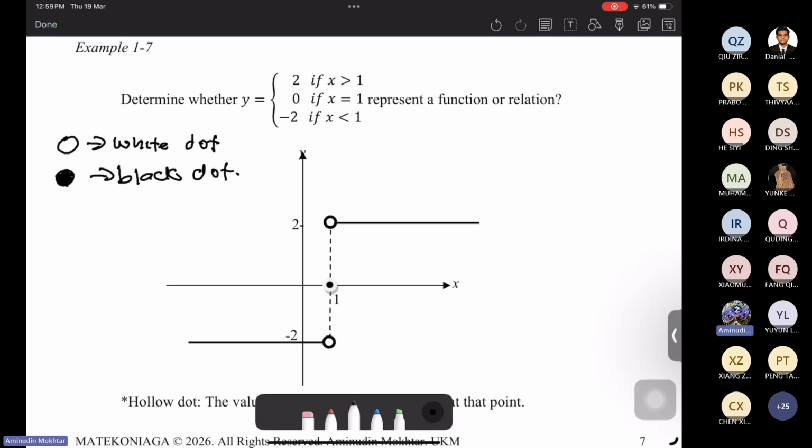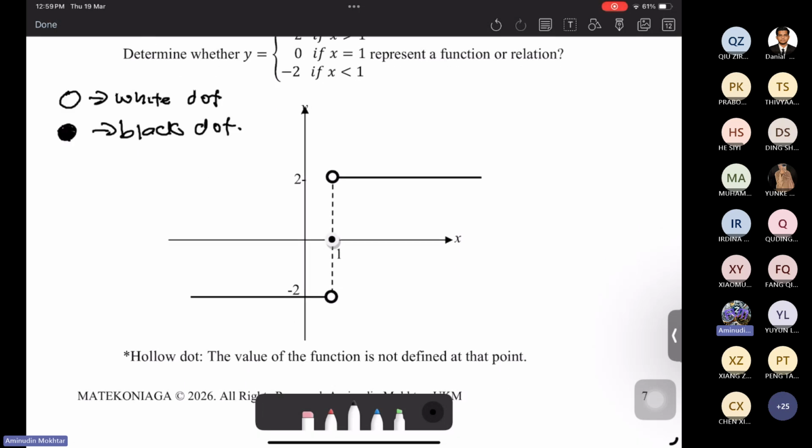A white dot or hollow dot shows that the value of y, the value of the function, is not defined at that point. I hope you can remember this concept.